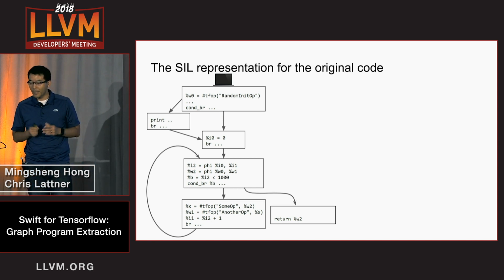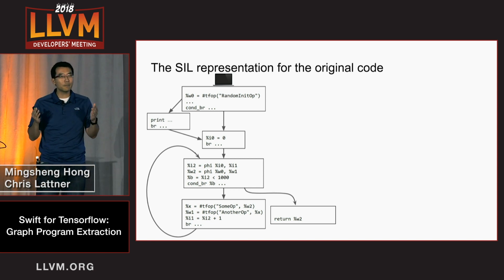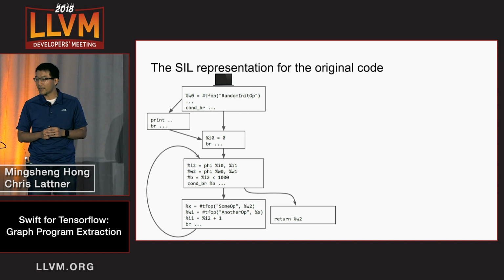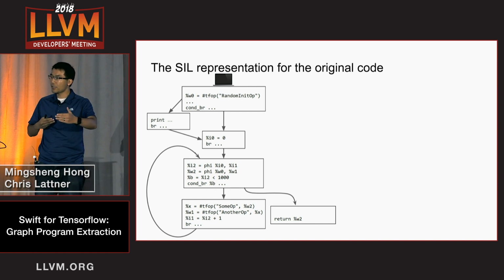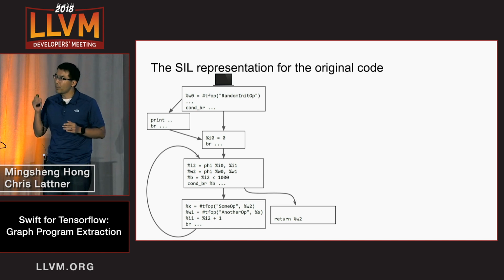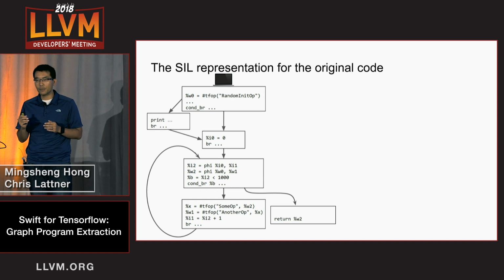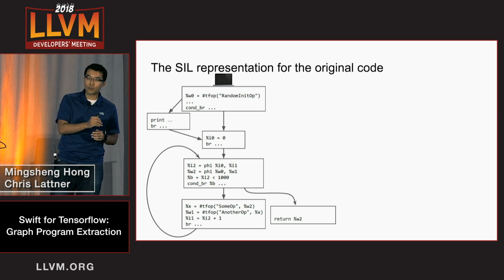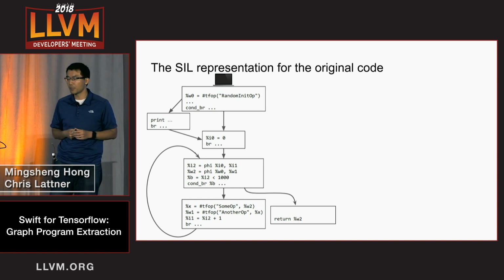Here, you see we're using the same running example, in the CFG representation. We're using SIL code with some simplification. You may recall, we started with some tensor computation, and then there's a conditional branch running some printing message logic on the host, followed by a loop with more tensor computation.